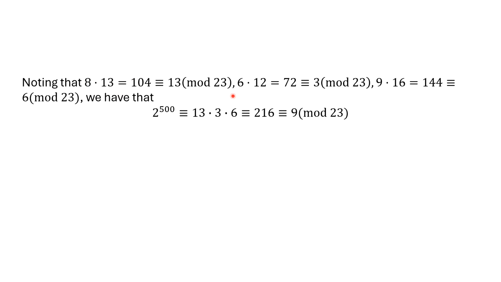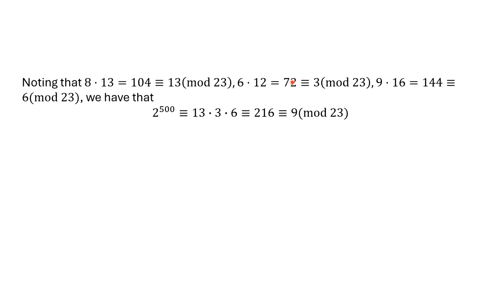I decided to write out the last little bit of the previous problem where I had mentioned we needed to do a little bit more work to find 9 here. So if you recall, it was 8 times 13 times 6 times 12 times 9 times 16. What I was saying verbally, I'm showing here. We can just find the remainder of 8 times 13 mod 23, and it's 13.